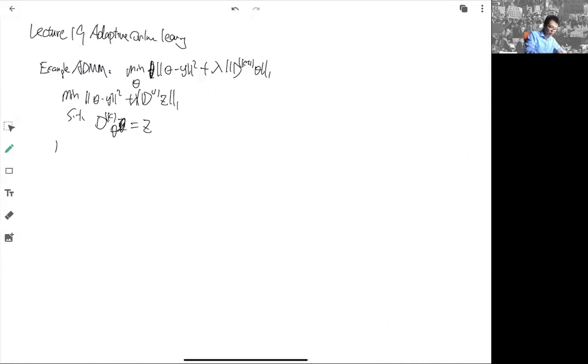Then we can write down the Lagrangian, which is simply this, plus this dual variable u transpose D^k theta minus z, plus the augmented Lagrangian term with a parameter rho.